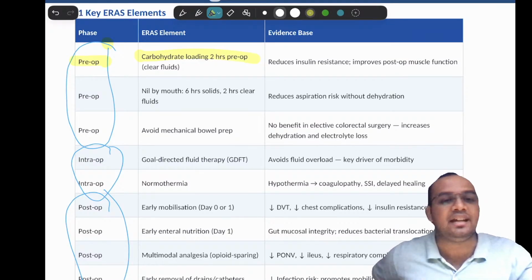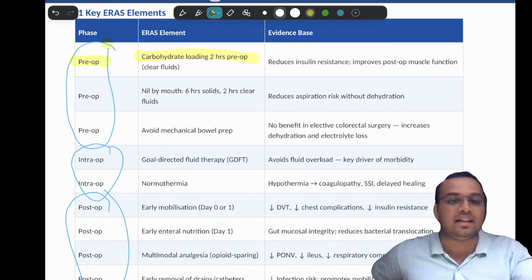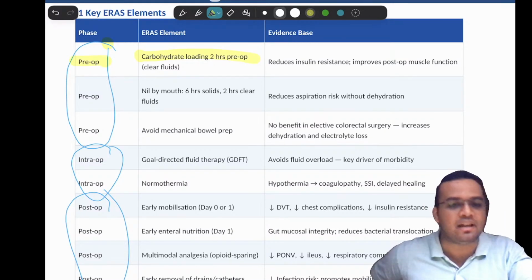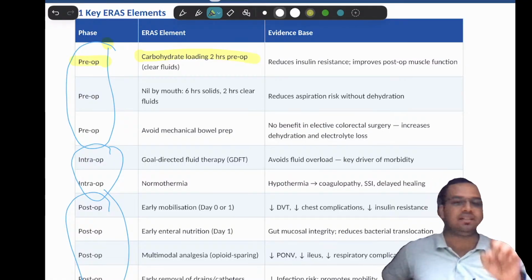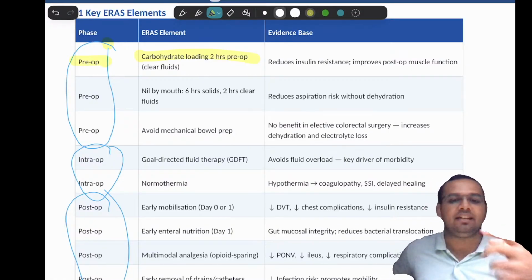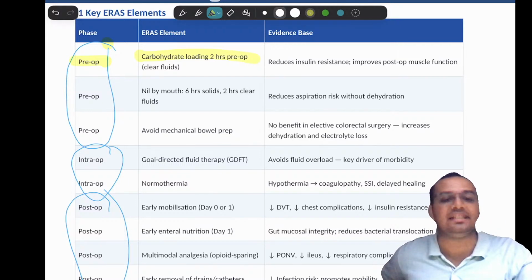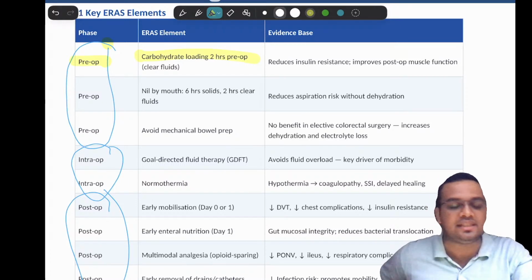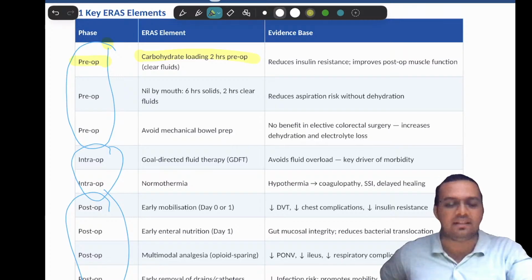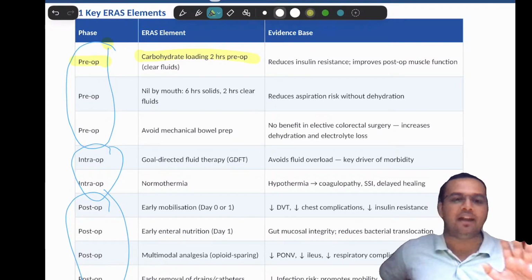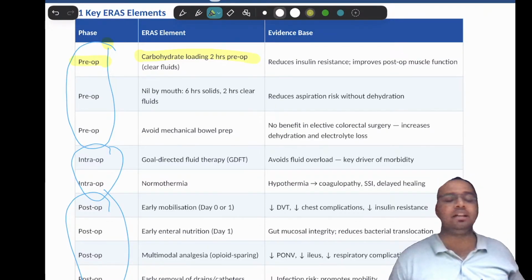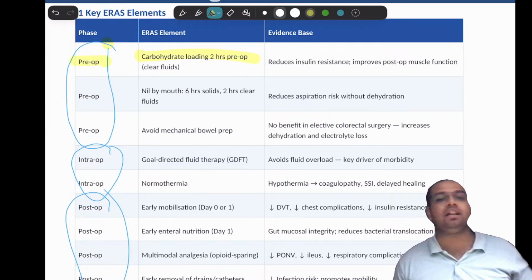To counter that insulin resistance, to tell the body not to worry, we have ample sugar, you load the patient before operation with a carbohydrate drink. He can take it orally 2 hours pre-op with clear water. And when you put an incision, the body will understand, okay, we have a lot of sugar, I don't need to go into a hyperglycemic state, and I don't need to release glucagon.